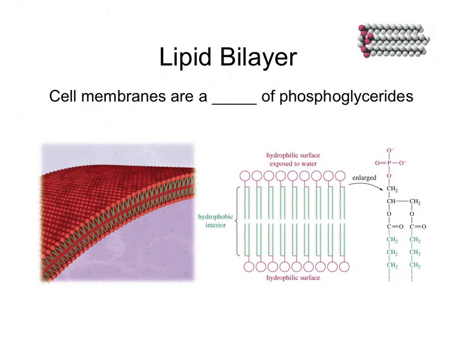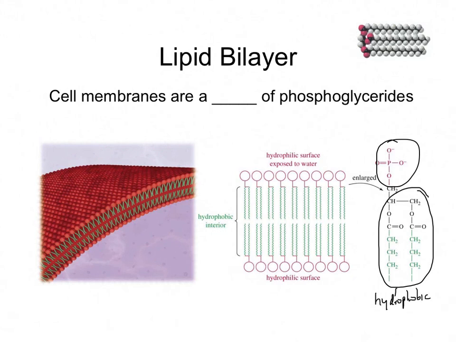When exposed to water, what will happen is the hydrophilic or water attracting head of the molecule, which contains that phosphate group, is going to point out towards the aqueous end. What that will do is put the carboxylic acid esters, which are the long chain fatty acids, and that is the hydrophobic end, pointing away from the water.